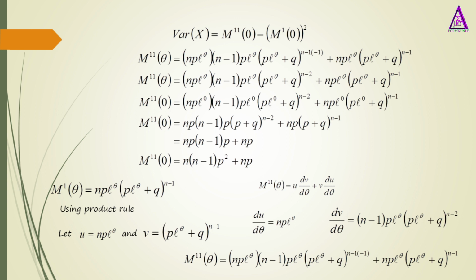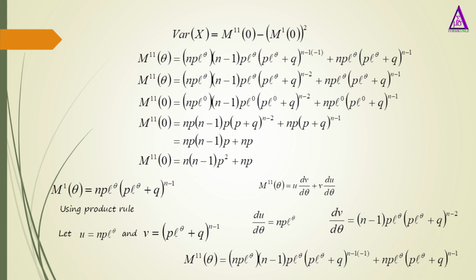Now, by using the product rule, we say let u equal to np exponential raised to power theta and v equal to the bracket p exponential raised to power theta plus q, close bracket, all raised to power n minus 1. Now we say that du over d theta equals np exponential raised to power theta.